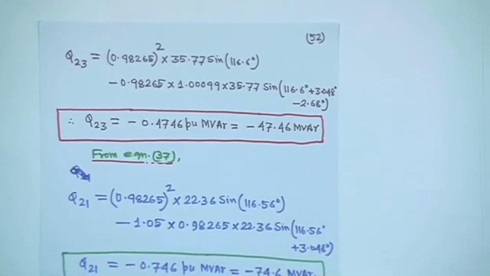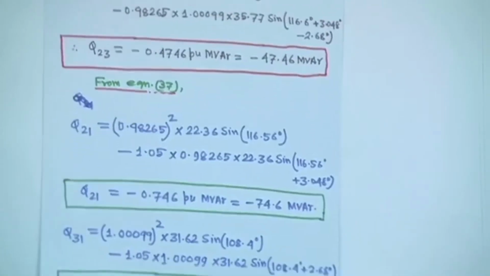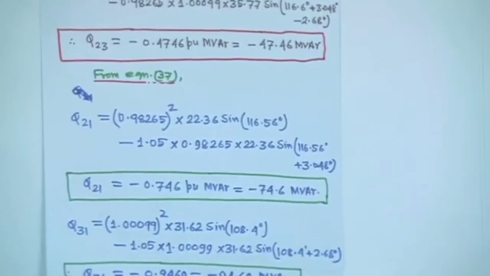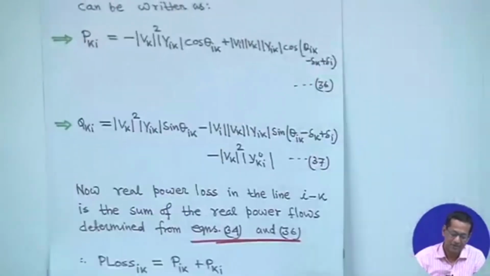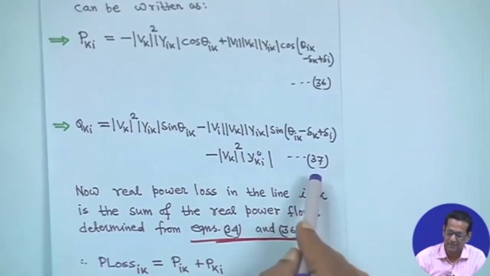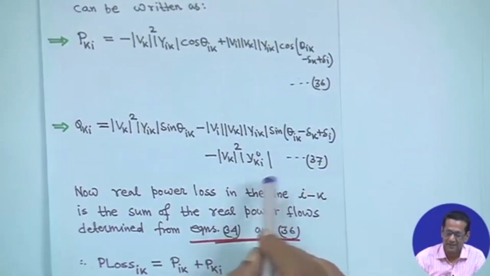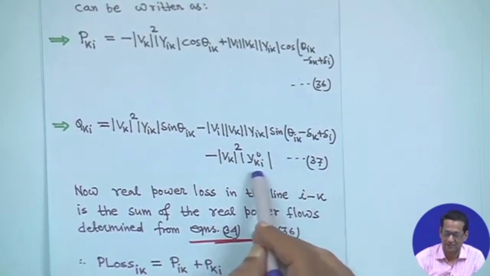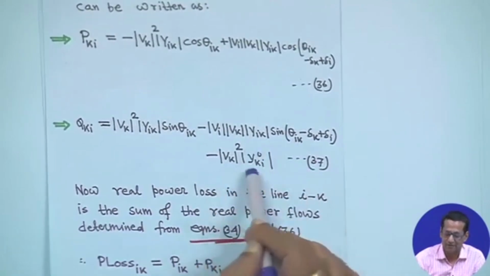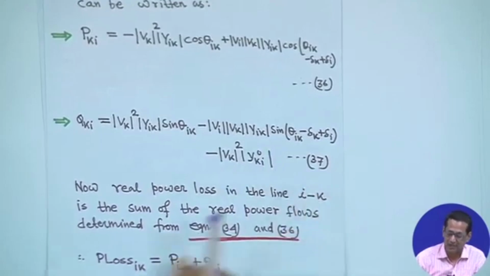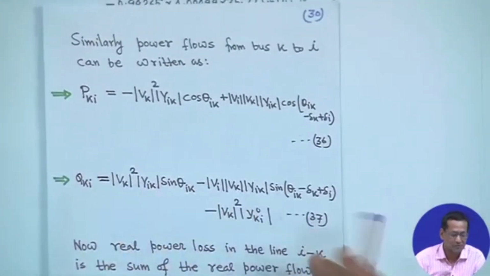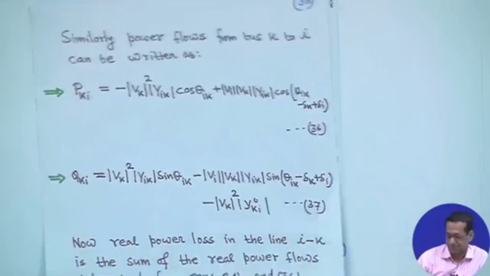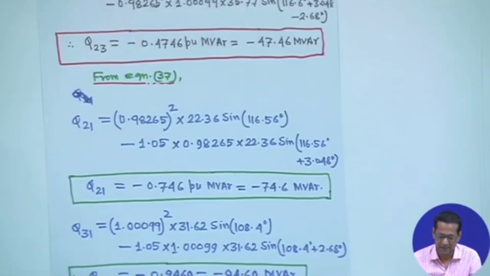Now, similarly from equation 37, that is Qki, that was Qik and that is Qki. This expression is given in 37, but note that charging admittance is not considered. So, this term will be 0, and for Qik also the charging admittance was 0, because we have not considered that.